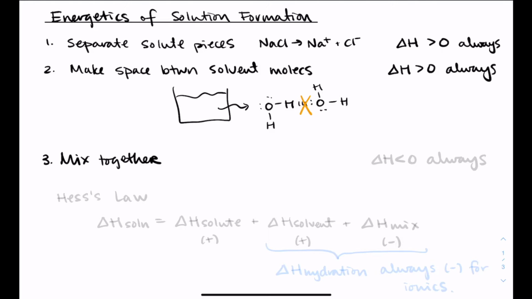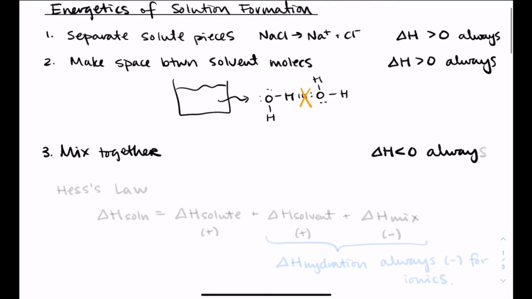And then we mix it together. So the ions or molecules go into the spaces between the solvent molecules, and then the solvent molecules interact with the solute pieces. The mixed together part is always exothermic because I am creating interactions, like the intermolecular forces are forming.